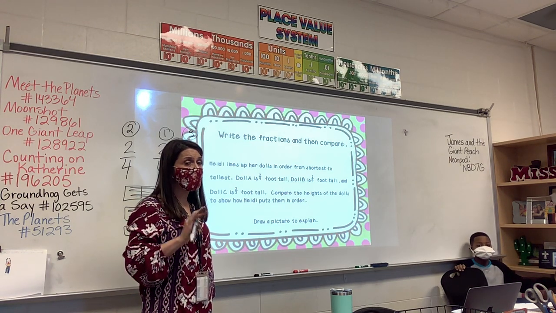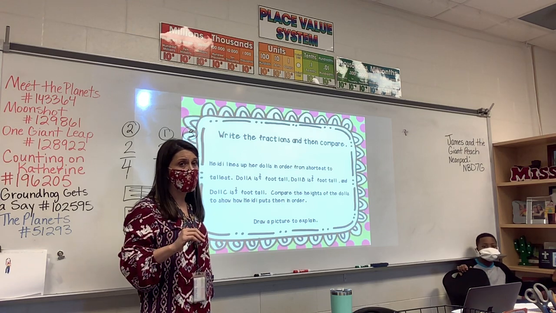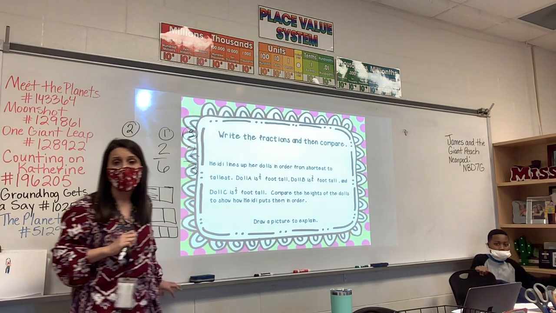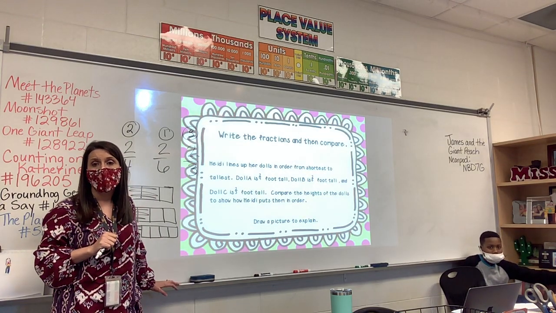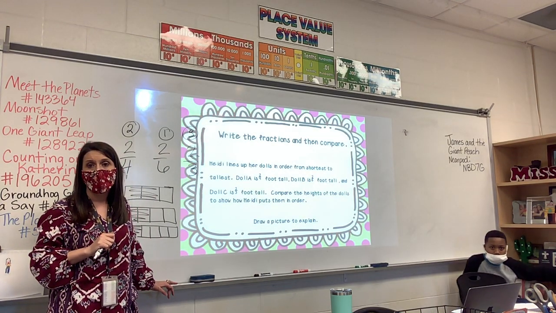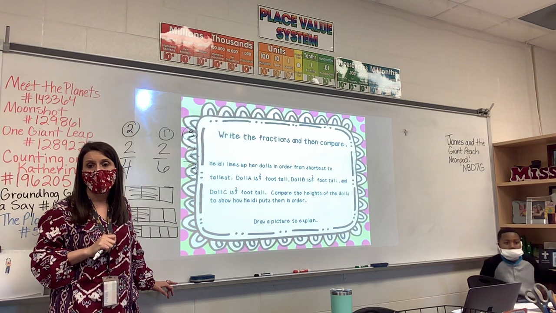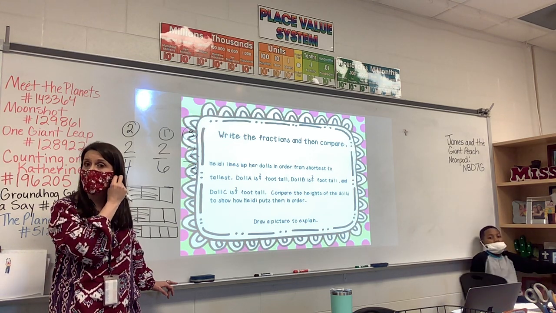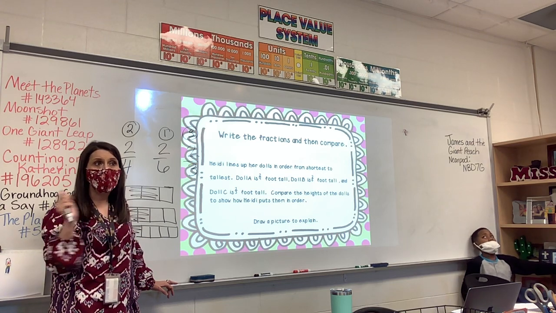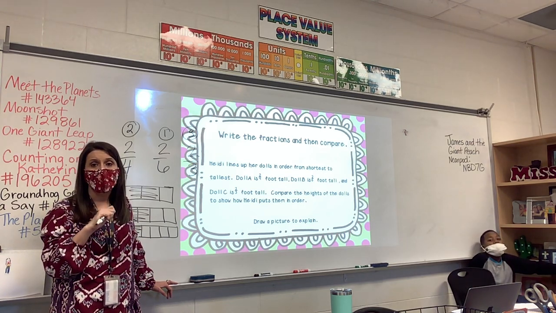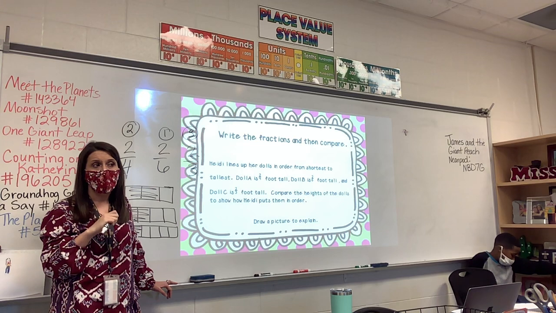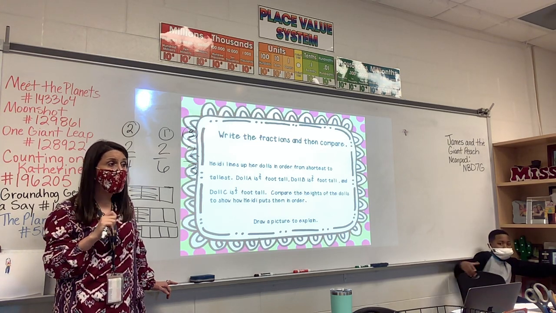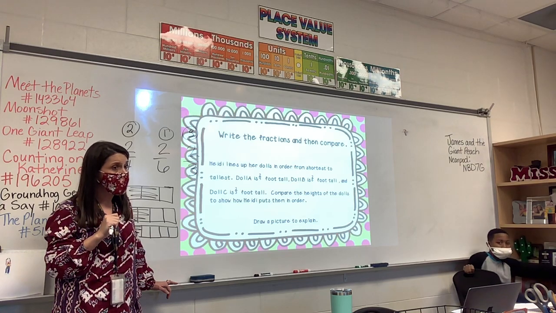The denominator is 6. Denominators go on the bottom. If you had the 6 on top, 6 halves would be an improper fraction. And we're not talking about improper fractions right now. Okay? Are there any questions? No. Okay.